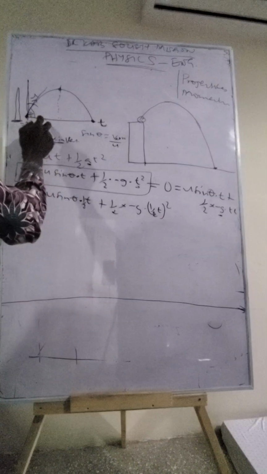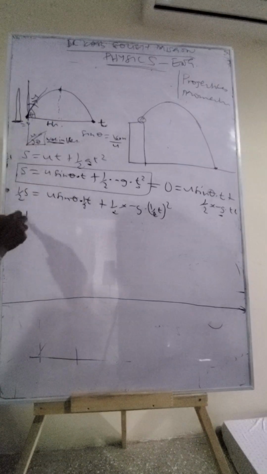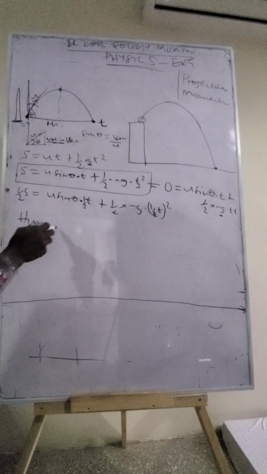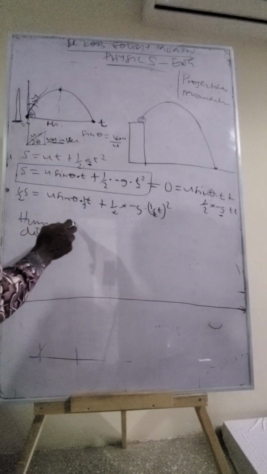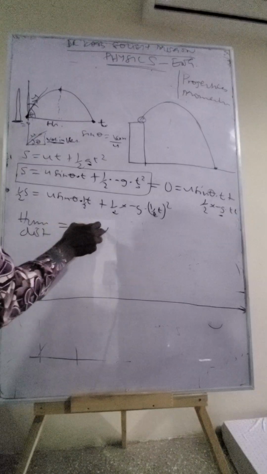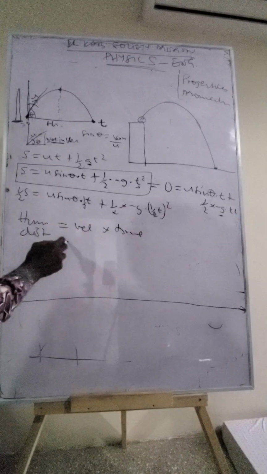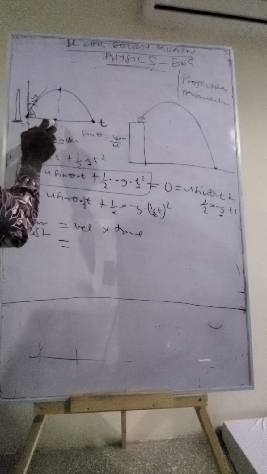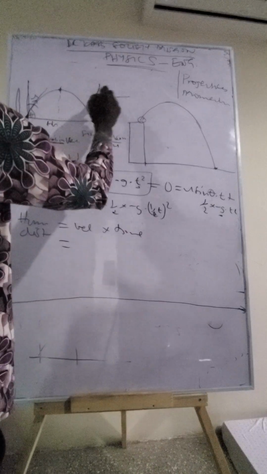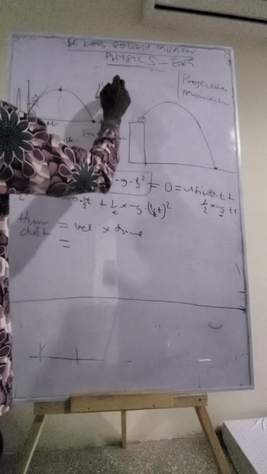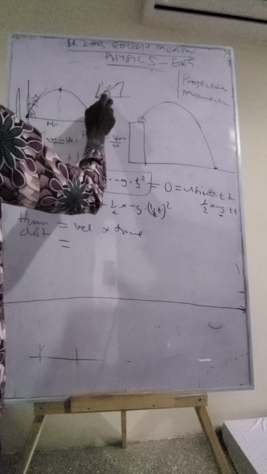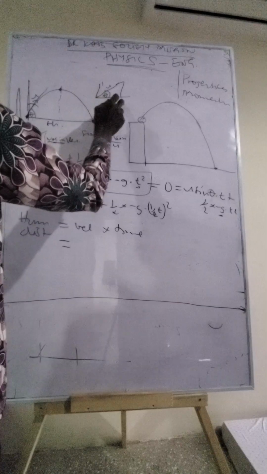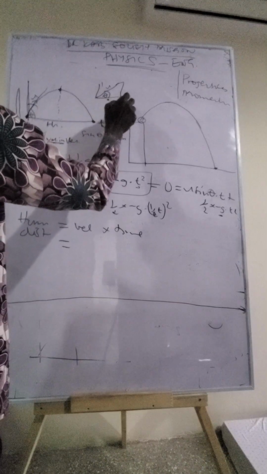So from here, let's finish with the horizontal distance. The horizontal distance is going to be what? Distance is always velocity times time. But here, we want the horizontal component. This side is adjacent to the angle, so it's adjacent and hypotenuse.